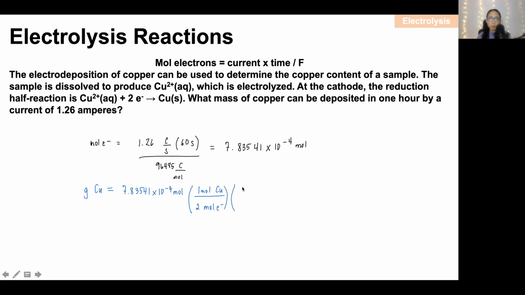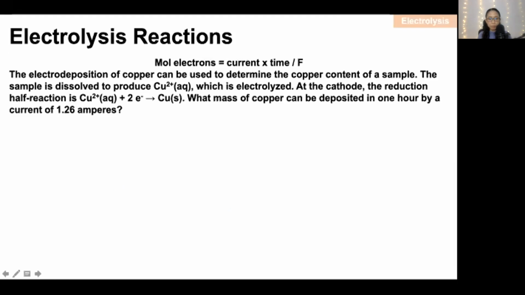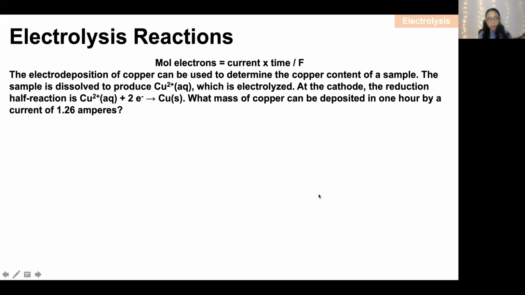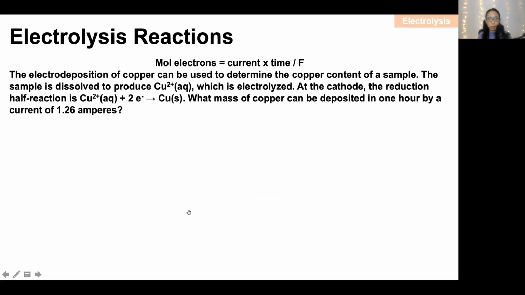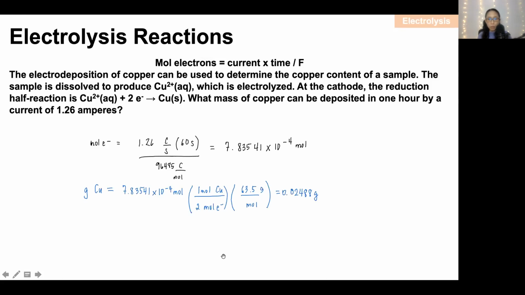And then using the molar mass of copper, which is 63.5 grams per mole, we get 0.02488 grams of copper.